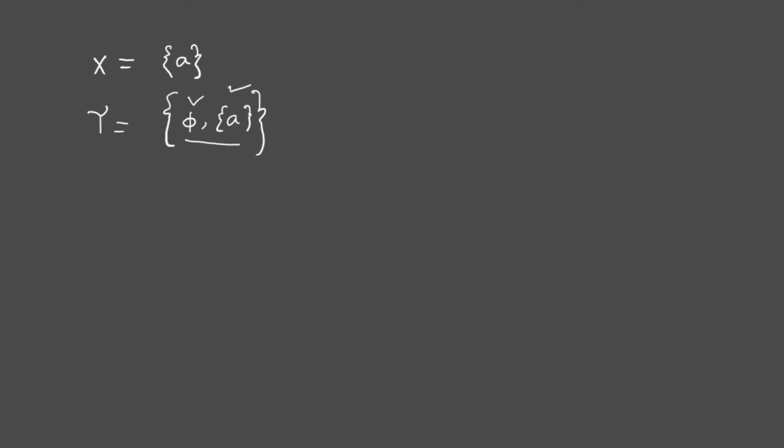The third property is that phi and X should be in tau. Yes, phi means the empty set, and X already exists in tau. So all the properties are satisfied, and we can say that tau is a topology on X.